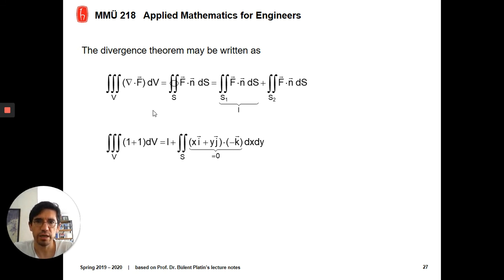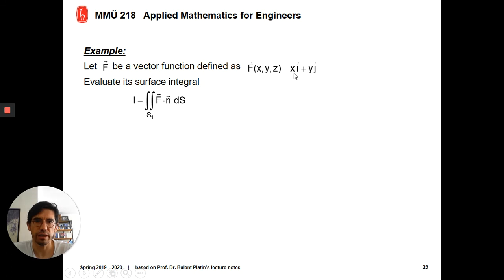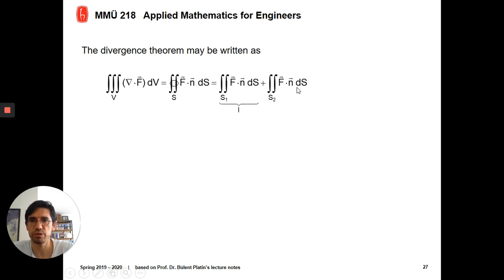If I look at the volume integral, my field was just x and y, right? So what's the divergence of that? It's just 1 and 1, so here it's 2.